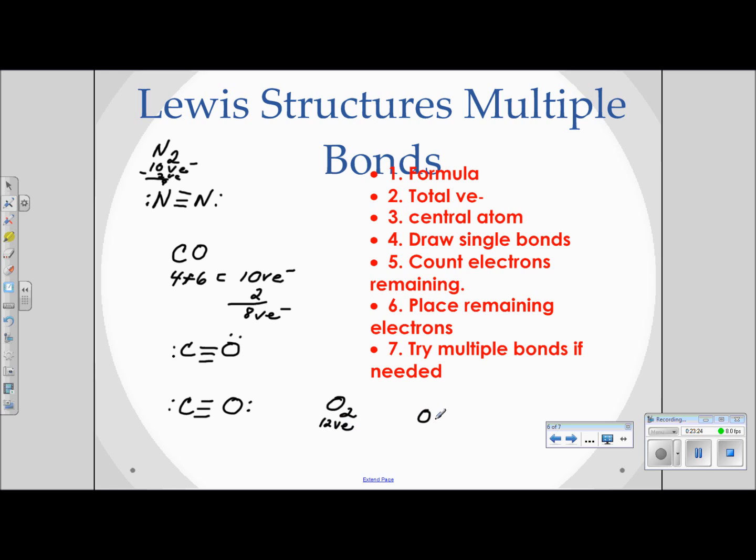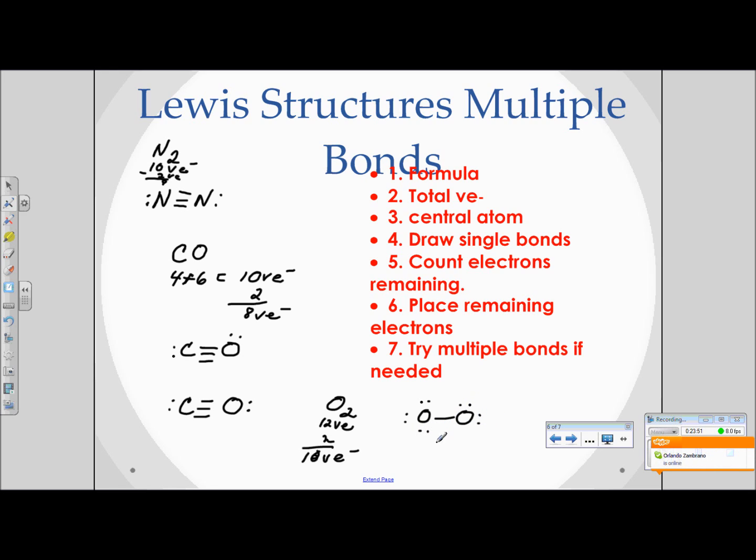So I'm going to start with a single bond there. Subtract the 2 valence electrons that I've already placed. Remaining 10 valence electrons to be placed. So that's 12 minus 2 is 10. And I'm going to say 1, 2, 3, 4, 5, 6, 7, 8, 9, and 10.